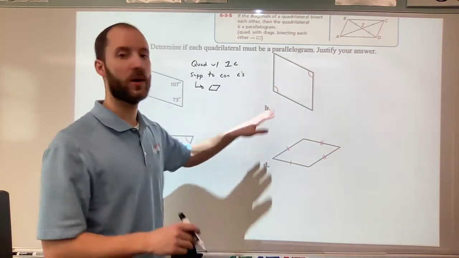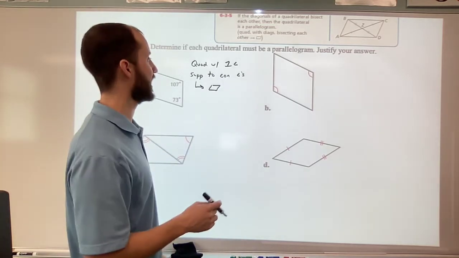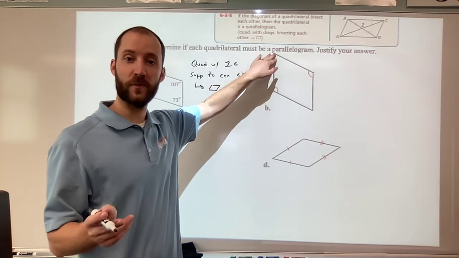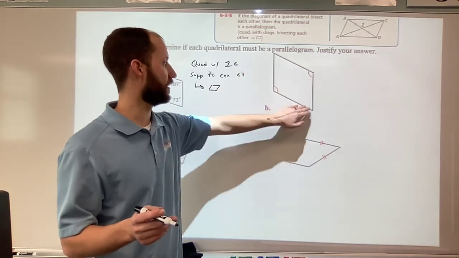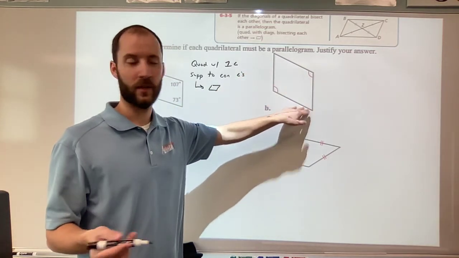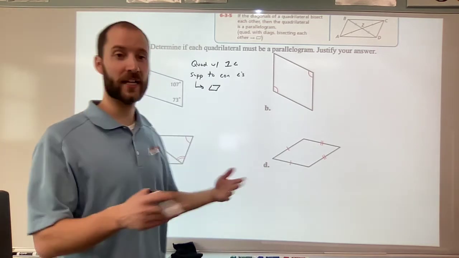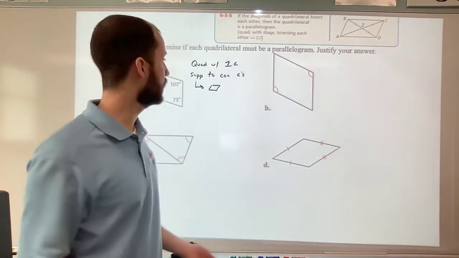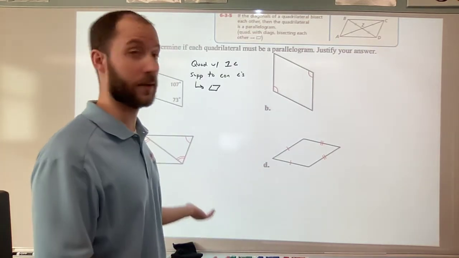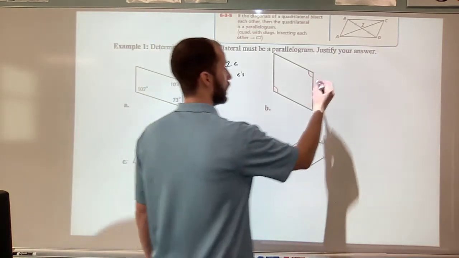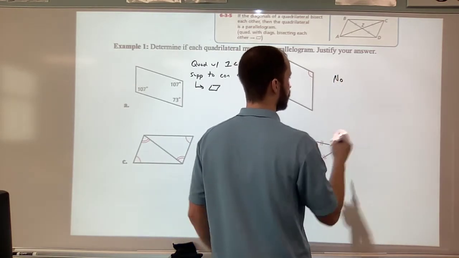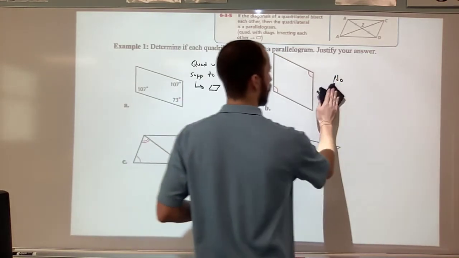Example B, we have one pair of opposite angles congruent, but we have no information about the second pair of opposite angles. So it's entirely possible this could be a parallelogram. When you look at it, it kind of looks like a parallelogram, but unfortunately, that's a terrible N. Oh my goodness.